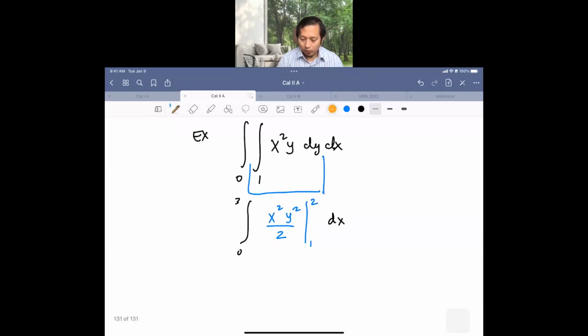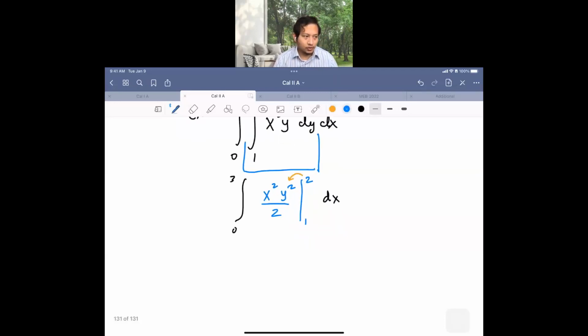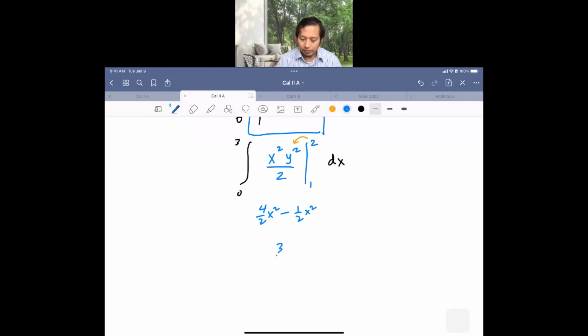Remember this 2 and 1 is for y. So we will have 4 over 2 x squared minus 1 over 2 x squared, or we can say we have 3 over 2 x squared. From here, we still write 0, 3 dx.